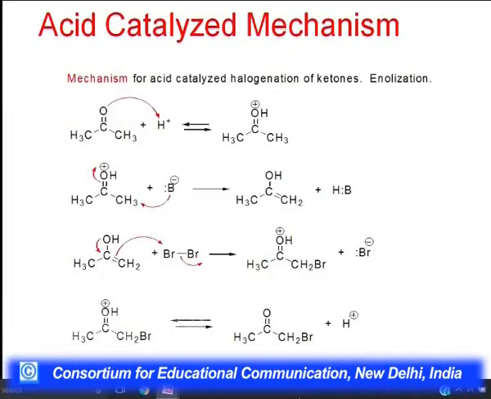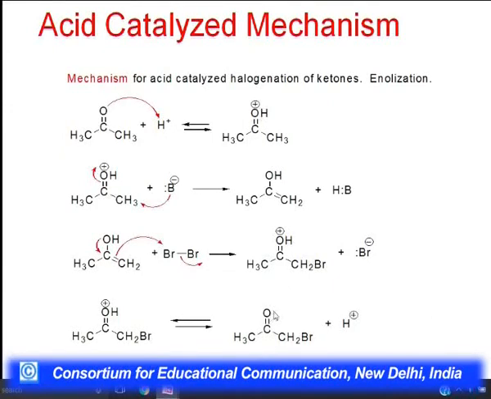If I go back to the previous slide, we find that this bromine is an electron withdrawing group. Since this bromine is an electron withdrawing group, it will pull the electrons from this carbonyl carbon. And when it pulls the electrons from here, what will happen? The basicity of the carbonyl oxygen decreases.